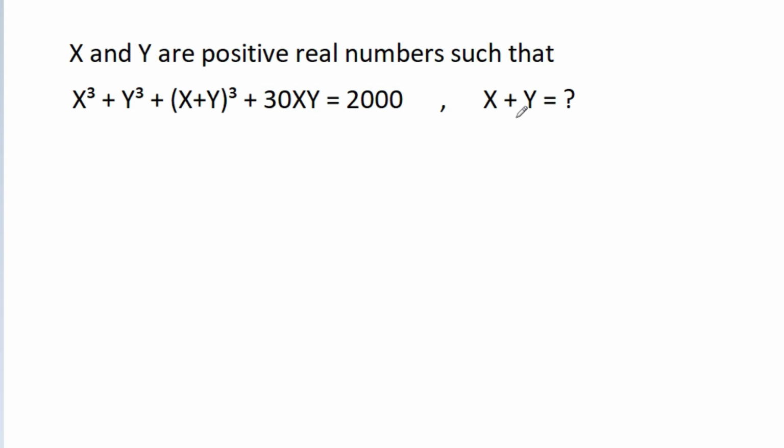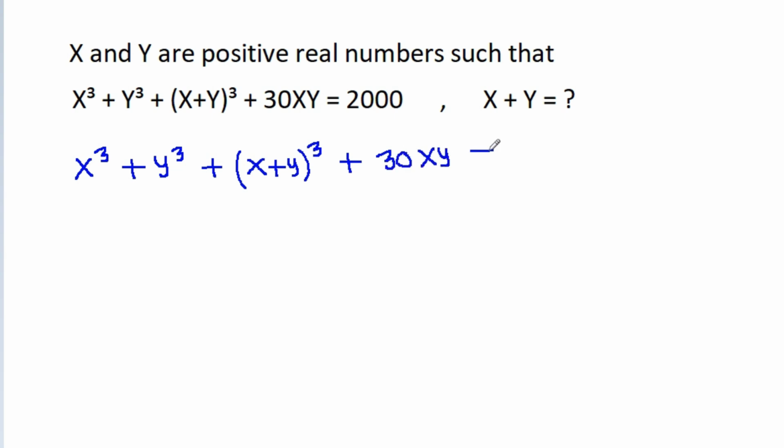Then x plus y is equal to what? So we have x cube plus y cube plus (x plus y) cube plus 30xy is equal to 2000.